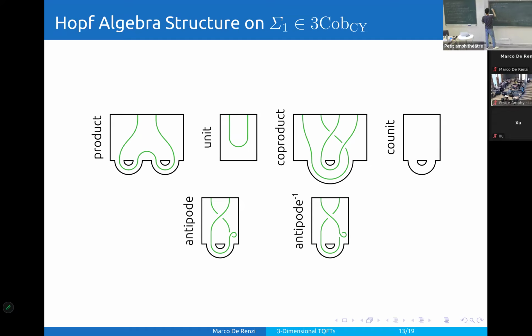And there are plenty of ribbon categories that arise this way. The main family you can keep in mind is small quantum groups.